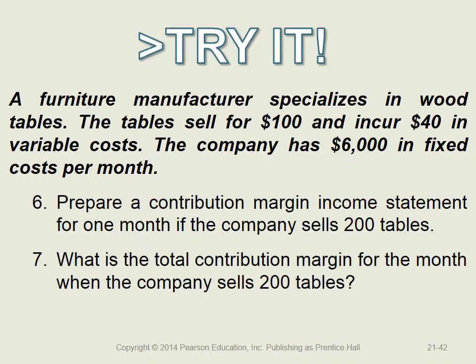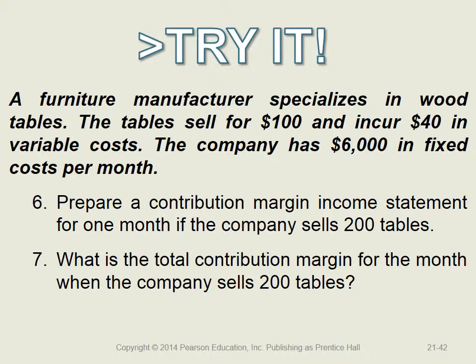So we would have, for the contribution margin income statement, sales revenue first, which will be 200 tables times $100 per table. So that's $20,000. And then we'll have variable costs, or 200 times 40 per table, which is $8,000. And when we subtract that $8,000 from the $20,000, we're left with a $12,000 contribution margin, which is the same as 200 tables times $60 per table.